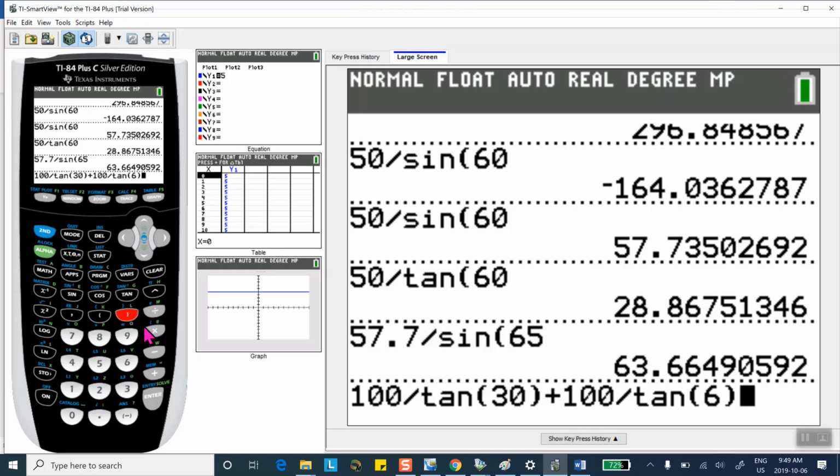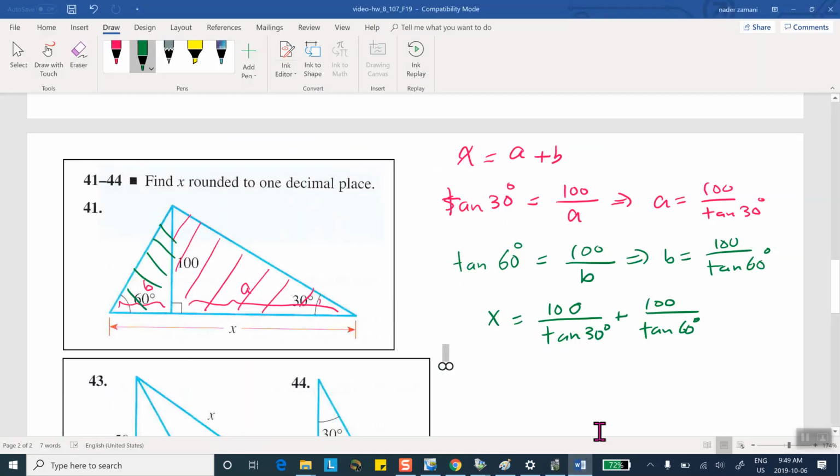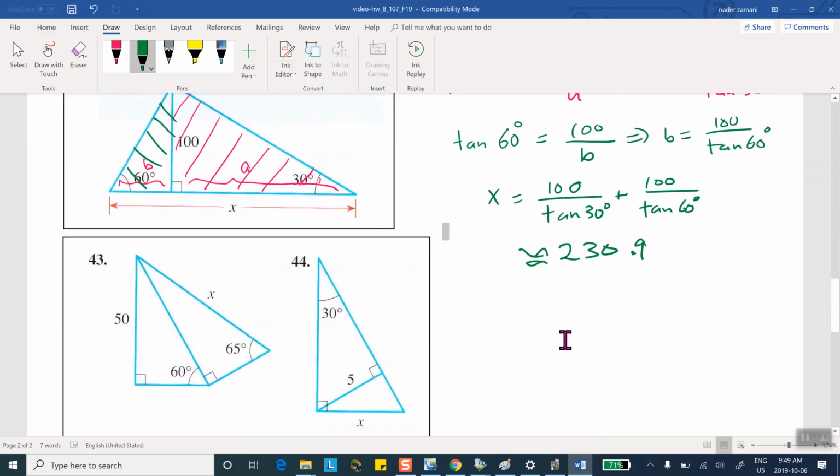And close it, hit return, and I get 230.9. I got a different number before because my units were not in degrees, they were in radians. 230.9. So the answer to this is approximately 230.9. All right, so that takes care of this.